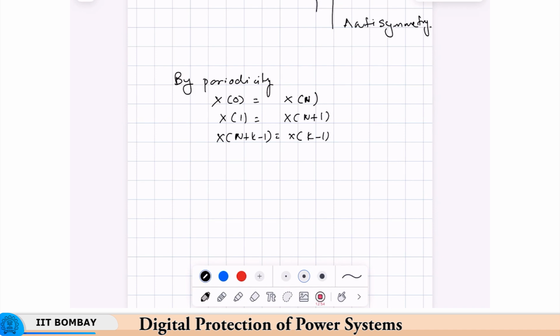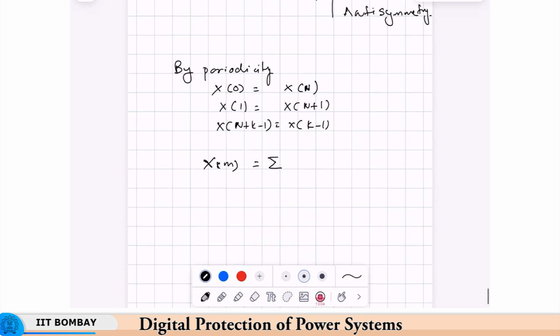Okay. So, we will write our DFT expression. Here we are not using the constants, etc. We will use that when we calculate the phasors, just to keep our life simple. Okay.